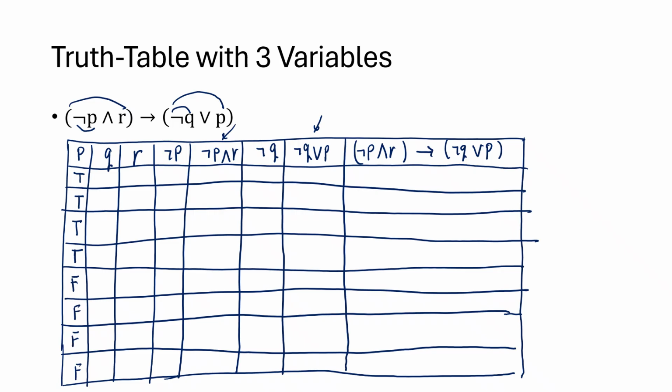For the next one, we divide into 2. So 2 trues followed by 2 falses. Again, 2 trues followed by 2 falses. And finally, for the last one, we divide by half again. So instead of 2 trues and 2 falses, we do 1 true, 1 false, 1 true, 1 false. So we alternate between true and false for the last variable.